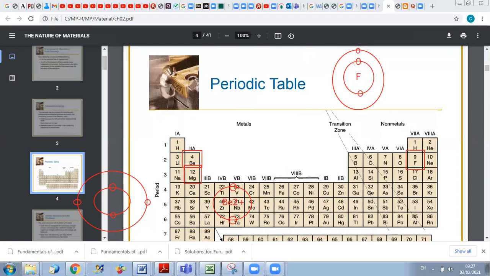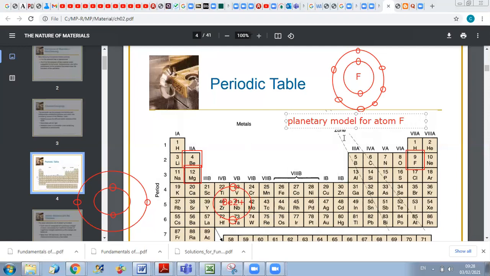Before gaining an electron, it has 7: 1, 2, 3, 4, 5, 6, and 7. This is the planetary model for atom F.